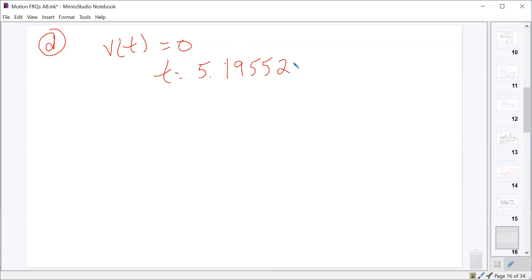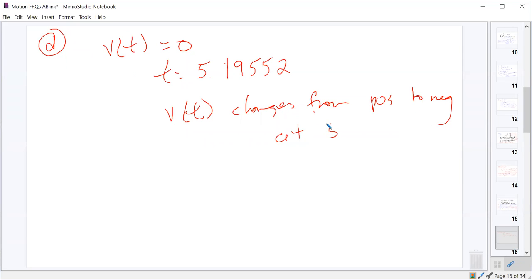And then you would need to indicate that v of t changes from, if you're looking at the graph, positive to negative at 5.19552. So that is worth 1 point.